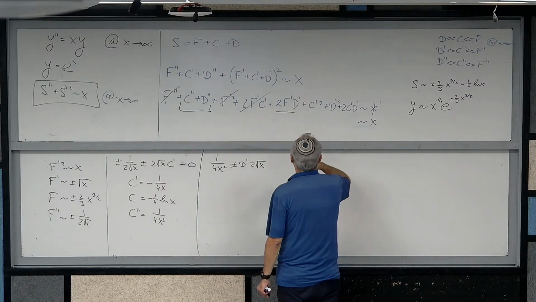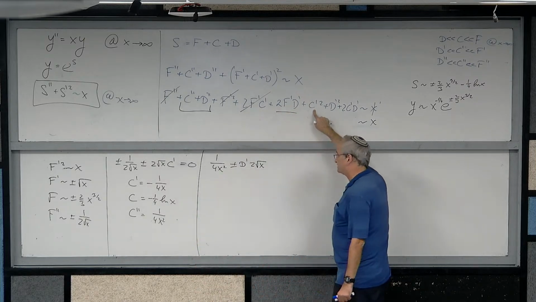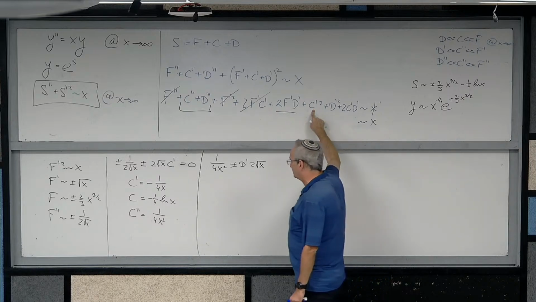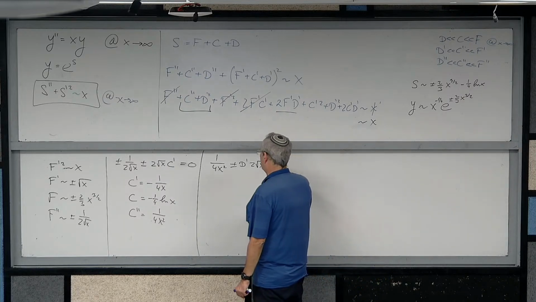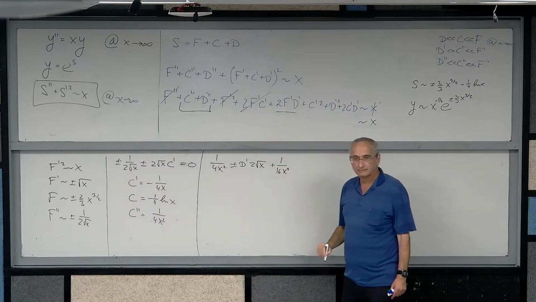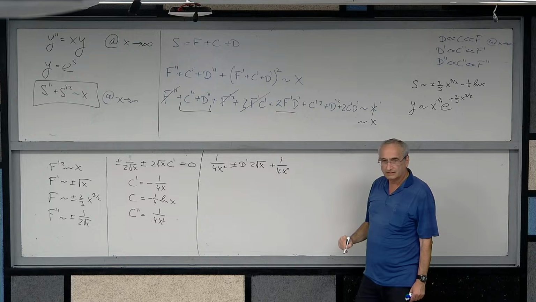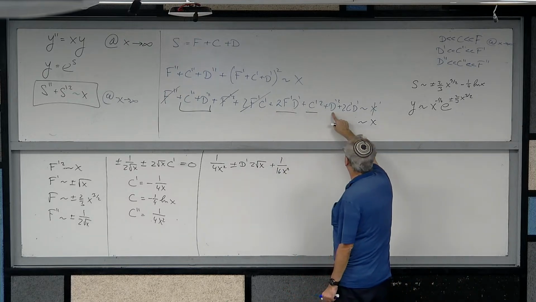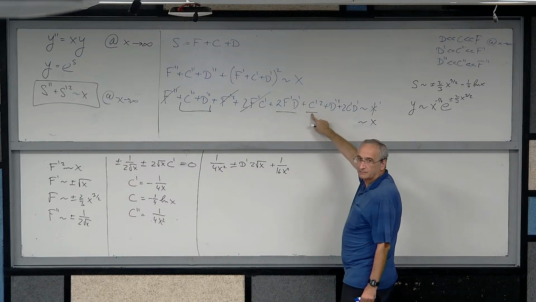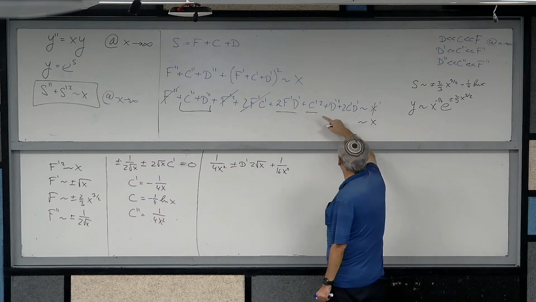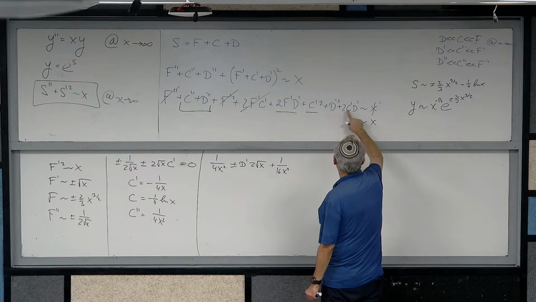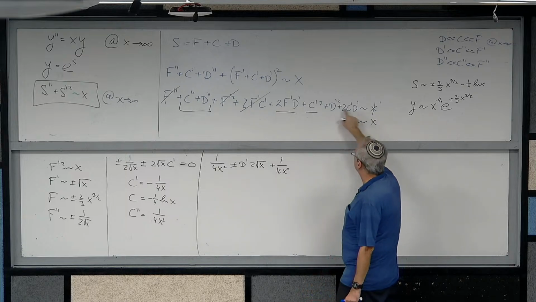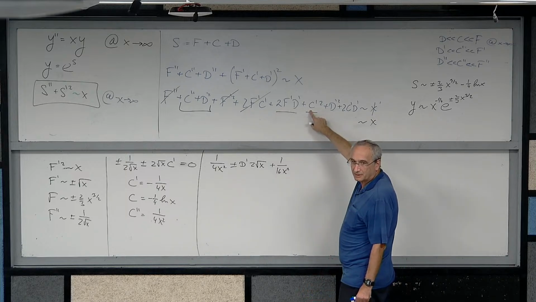Now, c prime squared, let's write it. So I have plus 1 over 16x squared. You see? That's c prime squared. Now, there is no point in keeping d prime squared when I have c prime squared, because d prime squared is clearly much smaller. And c prime d prime is again much smaller than c prime squared.